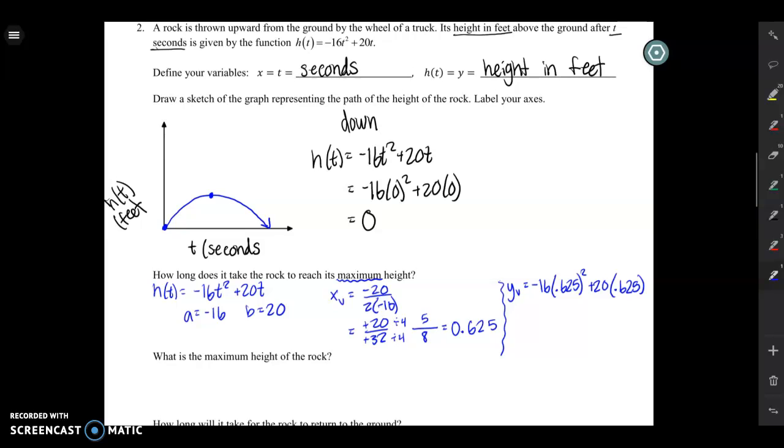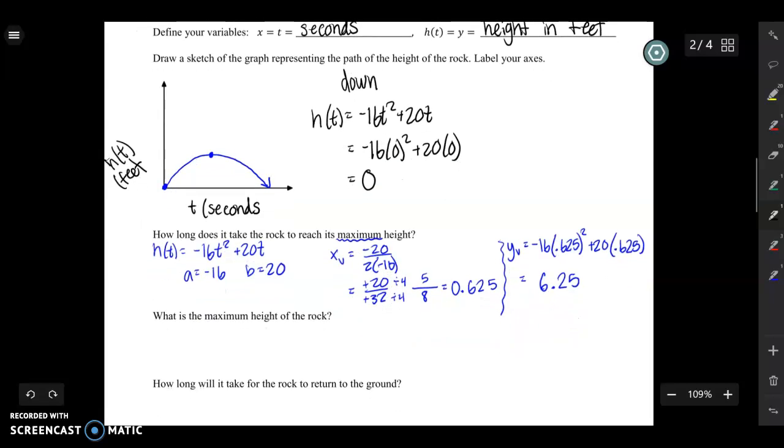You're definitely going to want to make sure you have a calculator nearby as you are solving these. When I multiplied this out, I got 6.25, and that is the y value of my vertex. Which means that my vertex is (0.625, 6.25).